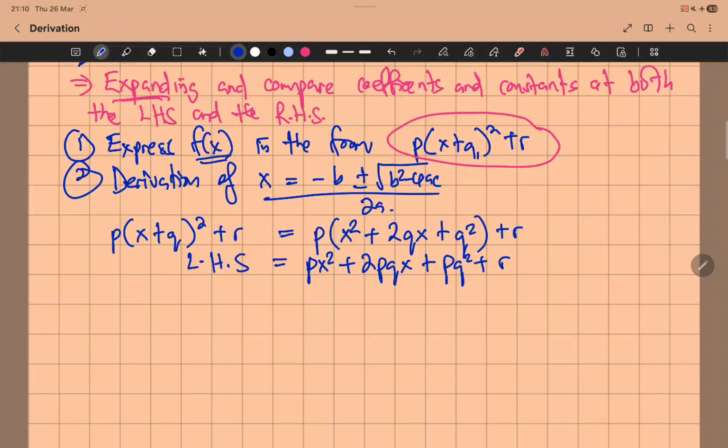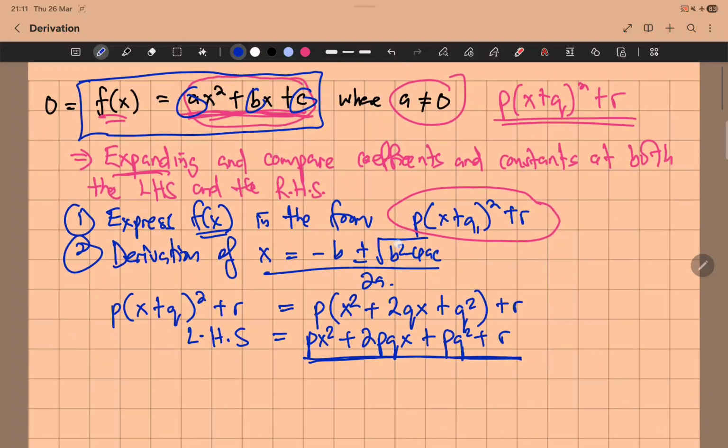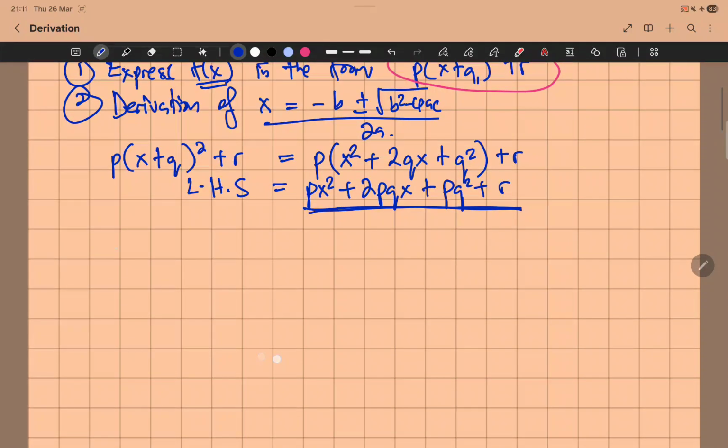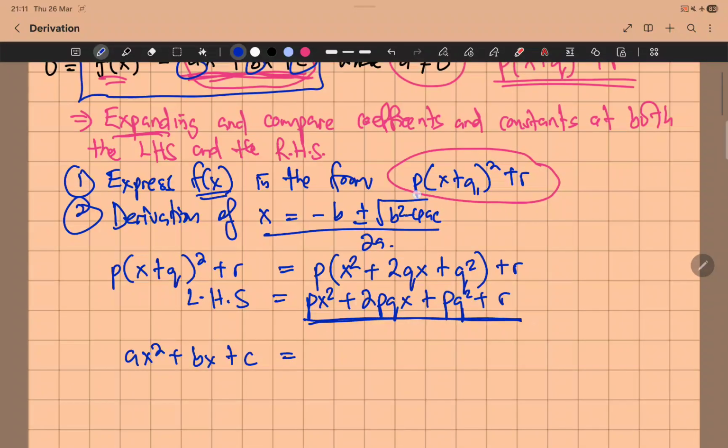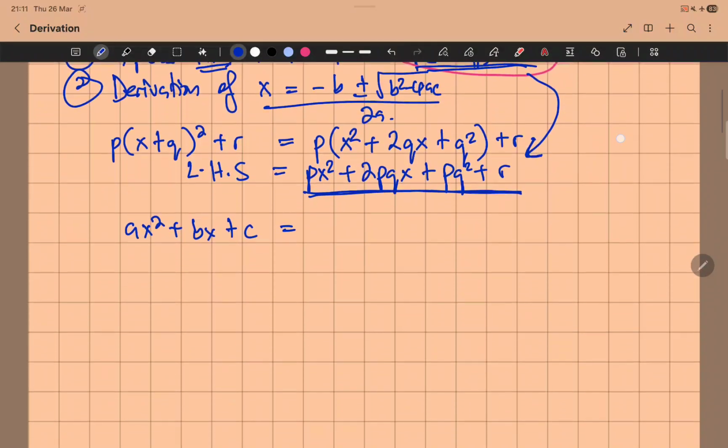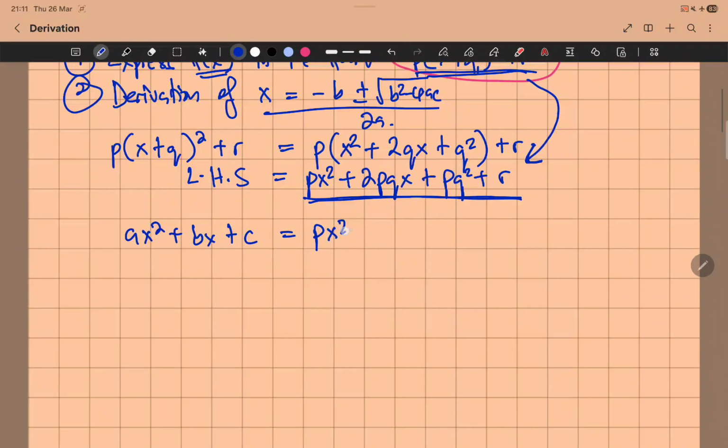So once we arrive at this form, now we need to compare the coefficients with the function of x. So in this case, ax squared plus bx plus c, which is in this form, when expanded it is this thing, px squared plus 2pqx plus pq squared plus r.